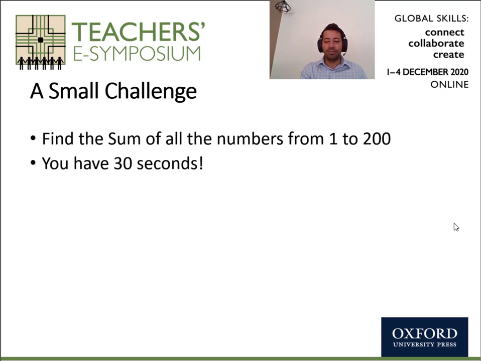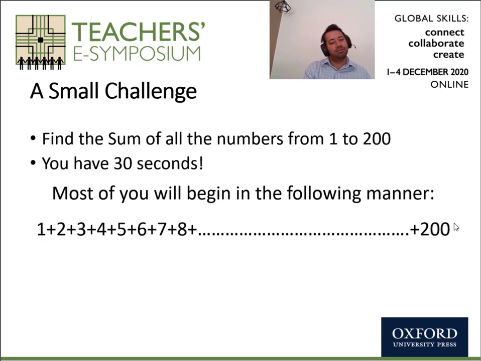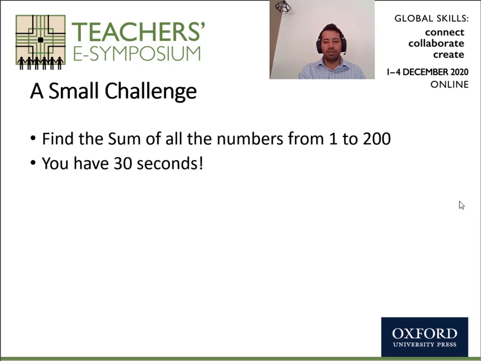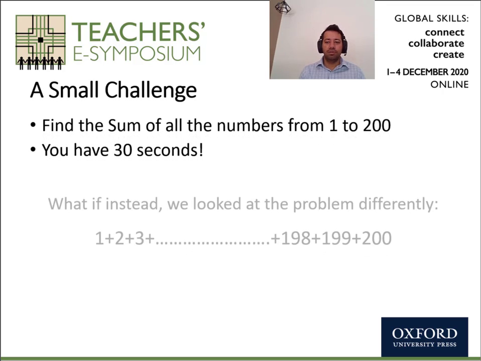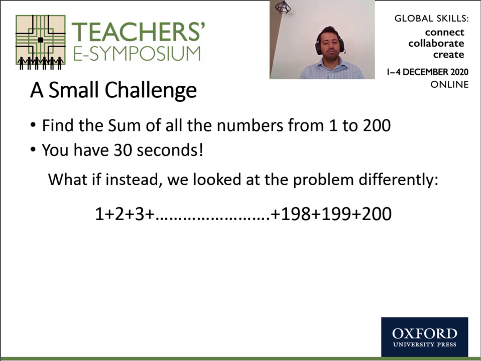So all the numbers from 1 to 200, most of you will start like this. 1 plus 2 plus 3 plus 4, and so on, all the way to 200. But a better manner would be to try and look at it from a different perspective. What if you looked at it like this? Do you see a pattern?